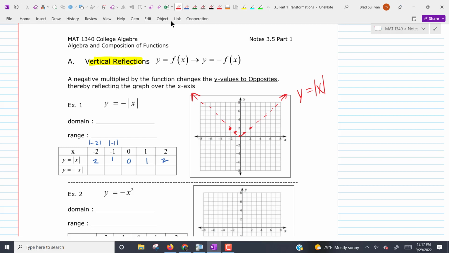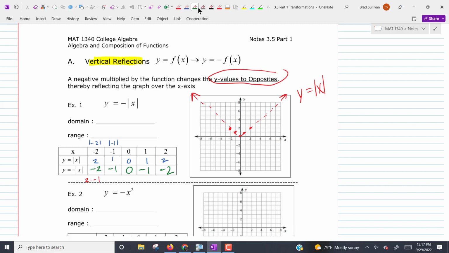Now, whenever you have a negative in front of a function, it changes the y values to opposites, because it's taking the answer to the absolute value and multiplying it by -1. So you do this in your head also. 2 times -1 gives you -2. 1 times -1 is -1. All this is doing is simply changing the signs.